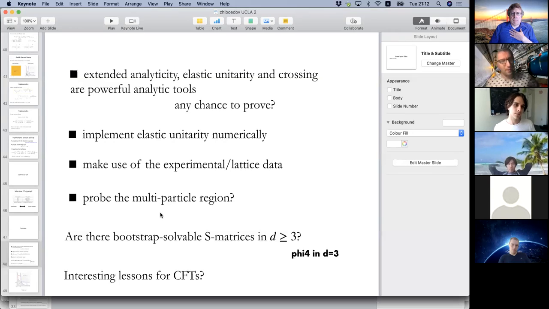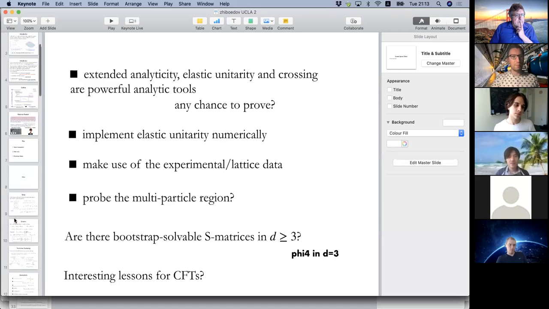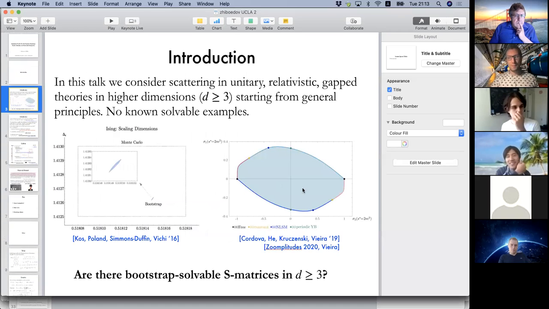I think they impose different parts of it; they assume slightly different things, and what they got are results which are consistent with the experiment. I don't have the plot, but roughly you get some islands of allowed scattering length, and you just find that they're consistent with the experiment.